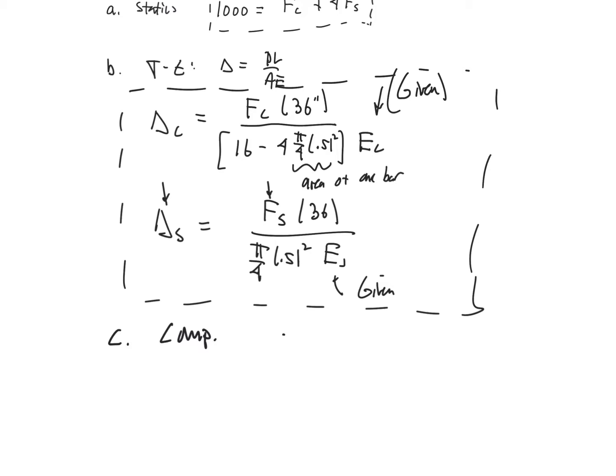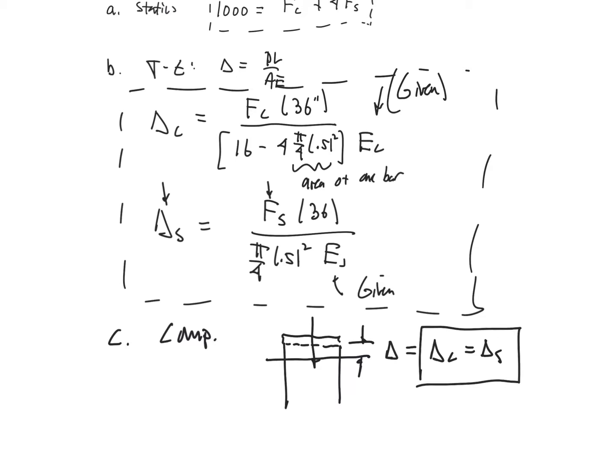And basically, they're the same, because if we've got that fake rigid plate like so, then the whole thing moves down the same amount. So the delta that we get is the delta in the concrete, which is the delta of the steel.